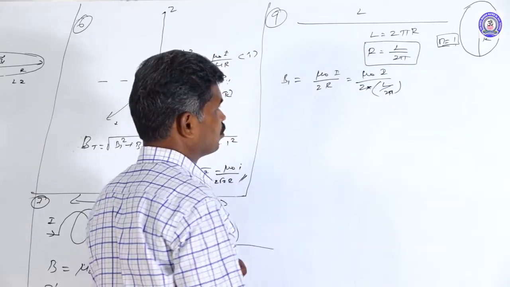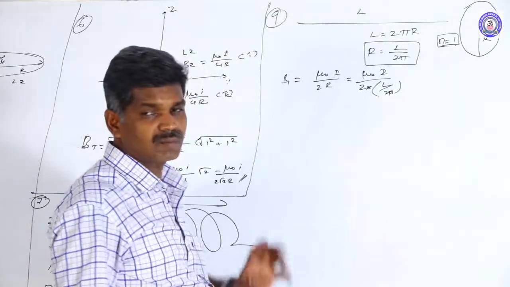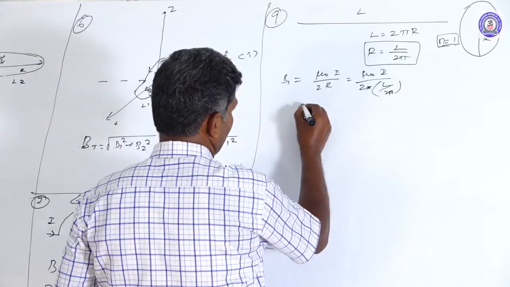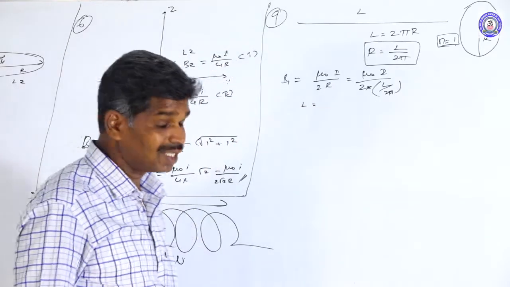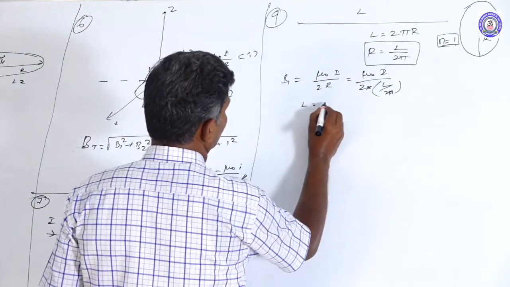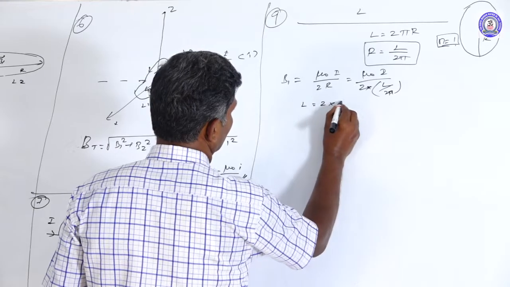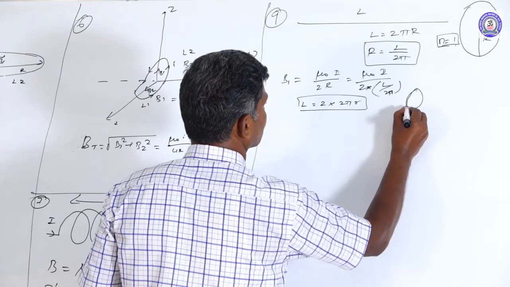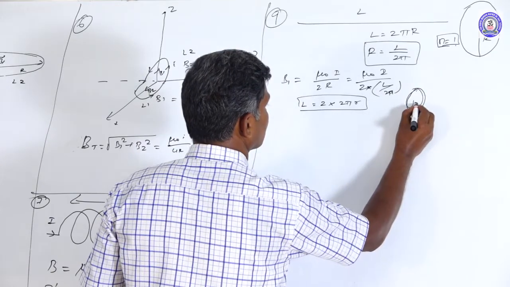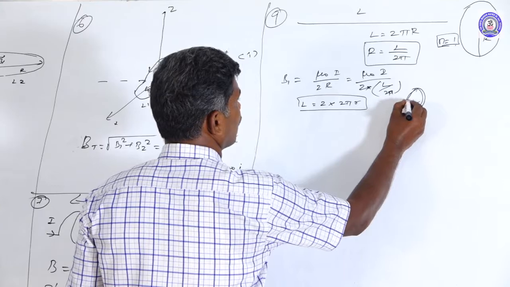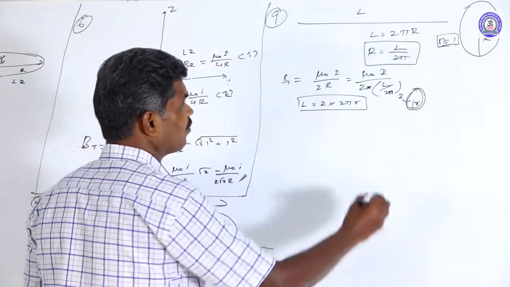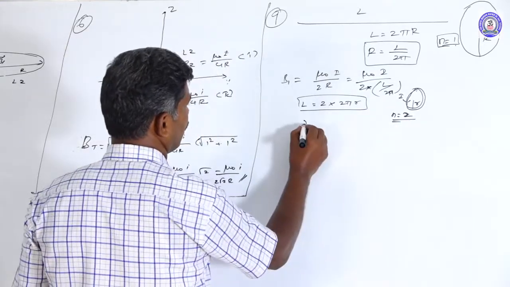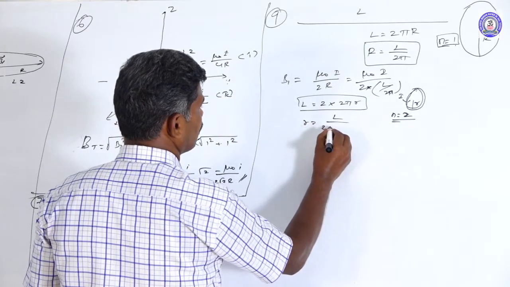Then the same wire is wound as 2 turns. If the same wire L is wound as 2 turns, then L is equal to 2 into 2 pi r. It is a small circle with 2 turns, their radius is small r. The same current is passing. Then N is equal to 2, but small r is L by 2 into 2 pi.